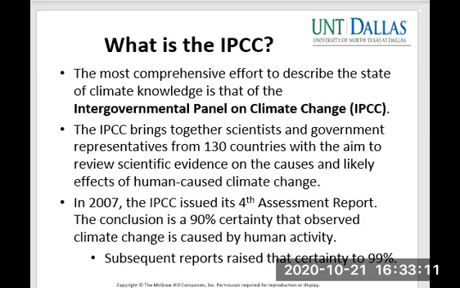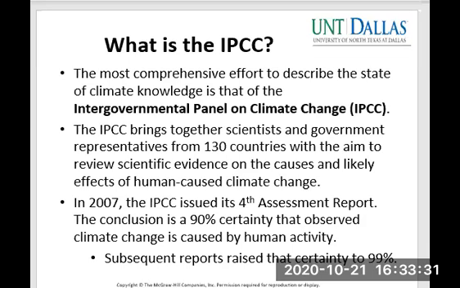The main aim of the IPCC is to review the scientific evidence on the causes and likely effects of human-caused climate change. As we all know, it's humans that are leading to global warming because of the activities that we perform here on Earth.